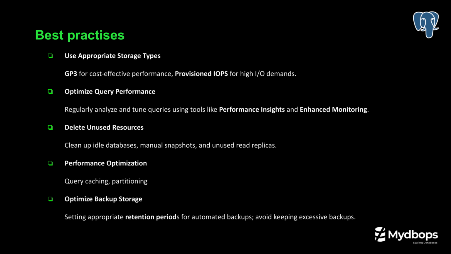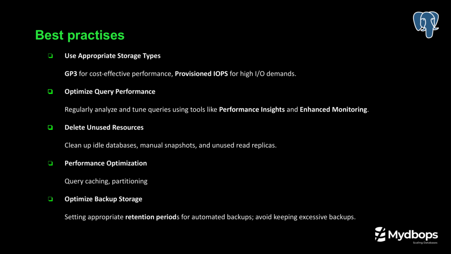Now, apart from the listed ones, it is also important to look into performance tuning of the DB instances, with steps like query caching and partitioning, which can help the DB instance use the resources more effectively.